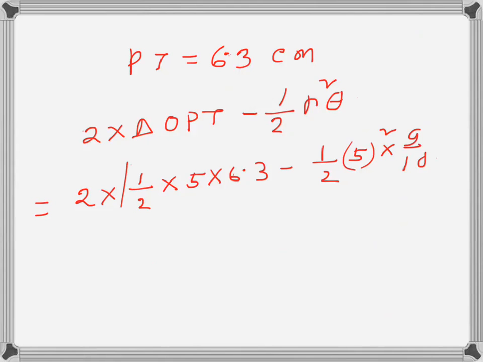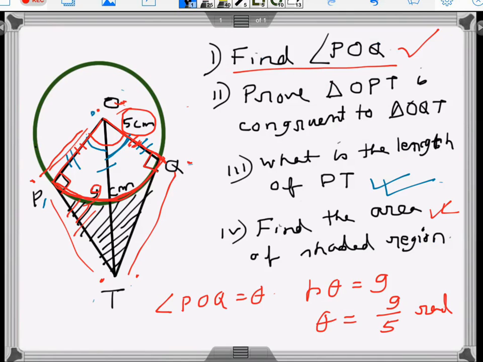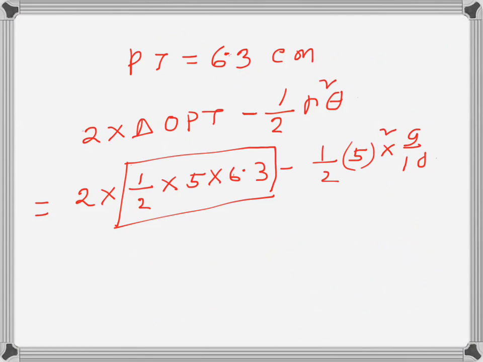This is the area of the triangle, and twice the triangle is the area of the full quadrilateral, and minus the area of the major segment. If we subtract that, we get the black shaded area, and that's what we want.